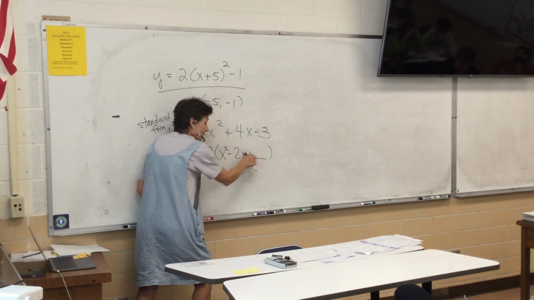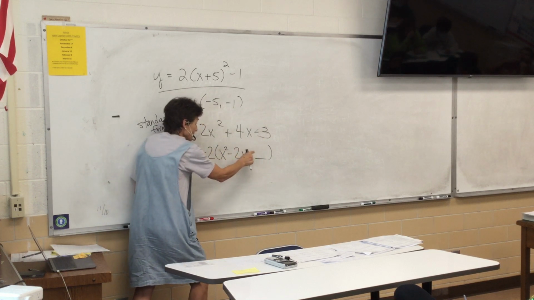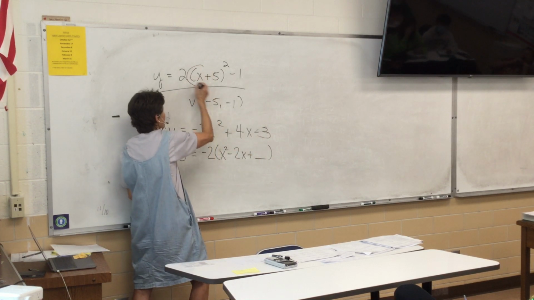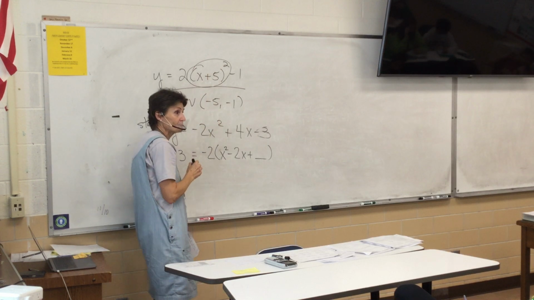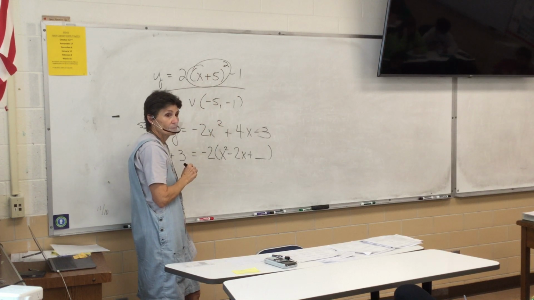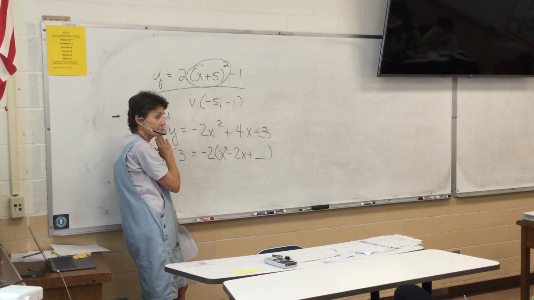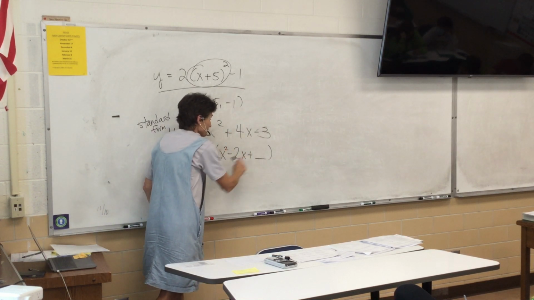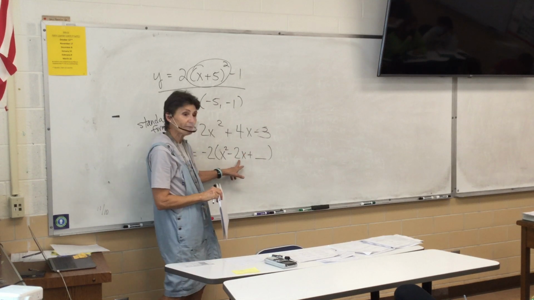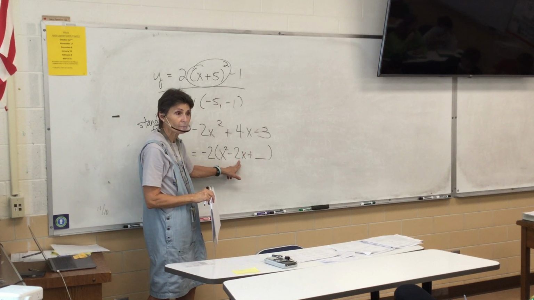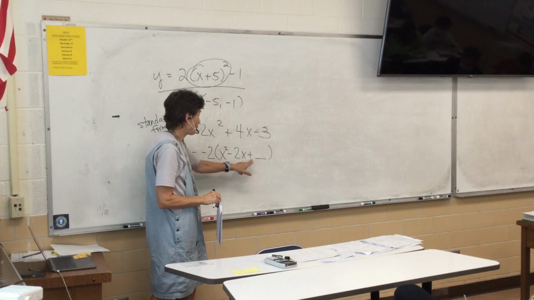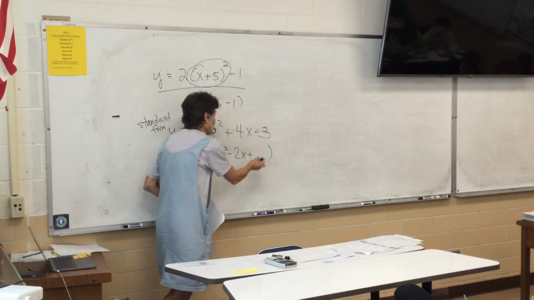Now I put a little blank there because I'm going to complete the square so that I get a quantity like this. So I moved my 3 over because I don't want it to be part of this process. Now I'm going to complete the square. So half of 2 is 1. Squared is 1. So I'm going to put a 1 there.